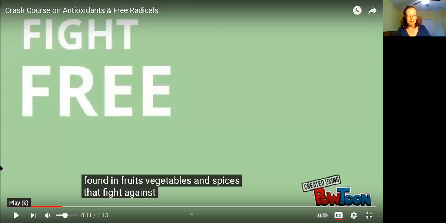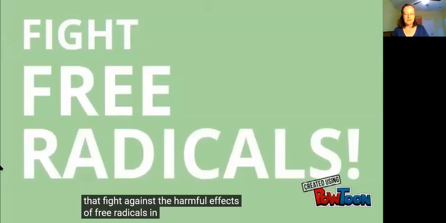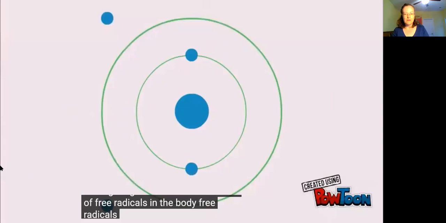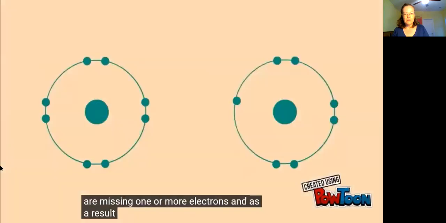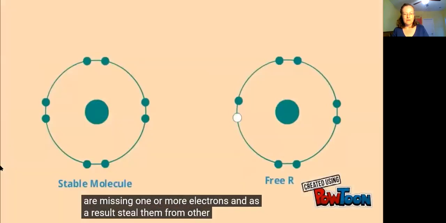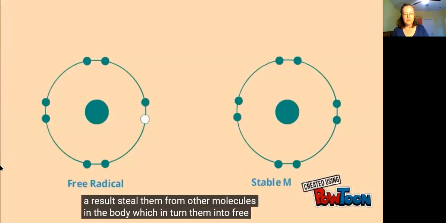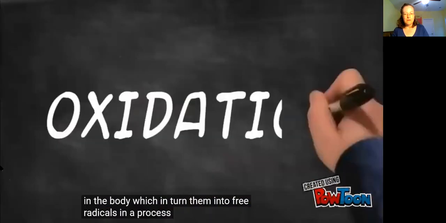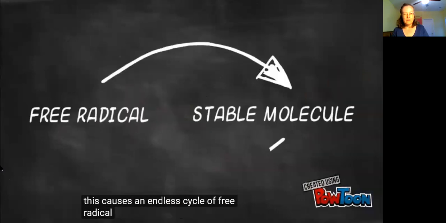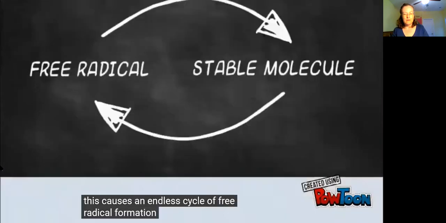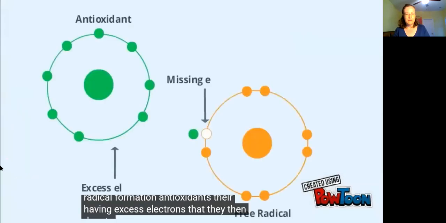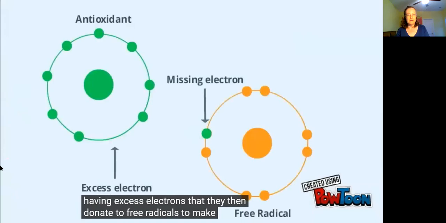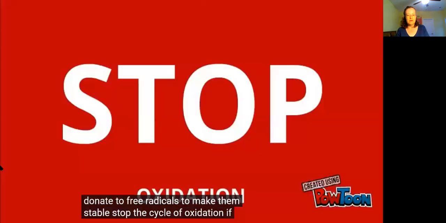The harmful effects of free radicals in the body. Free radicals are molecules in the body that are missing one or more electrons and as a result steal them from other molecules in the body, which then turn them into free radicals in a process known as oxidation. This causes an endless cycle of free radical formation. Antioxidants, by having excess electrons that they then donate to free radicals to make them stable, stop the cycle of oxidation.